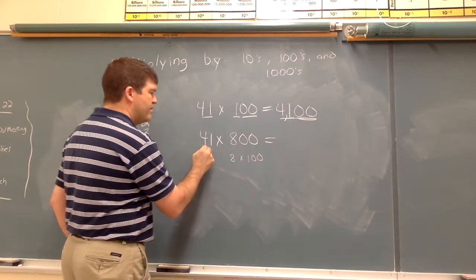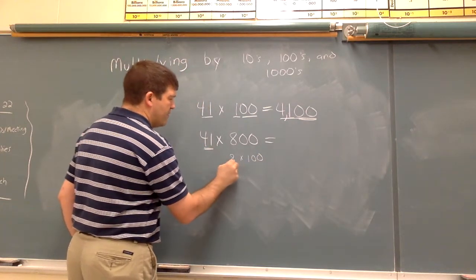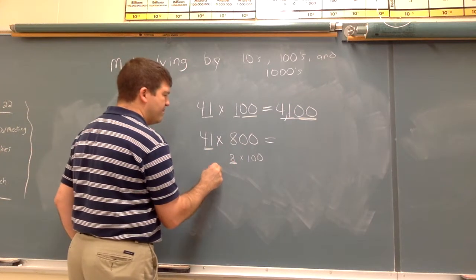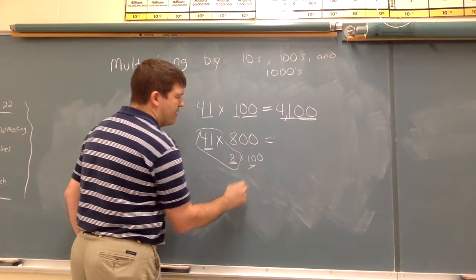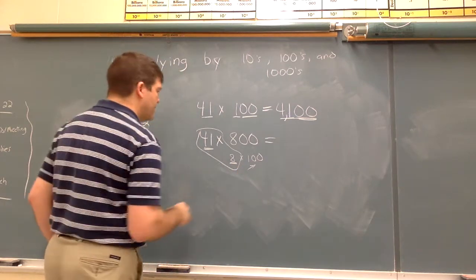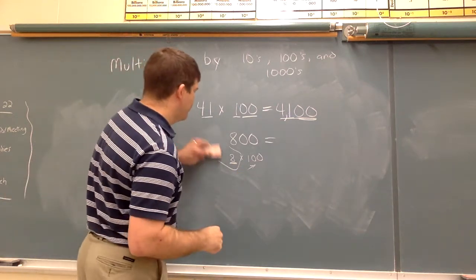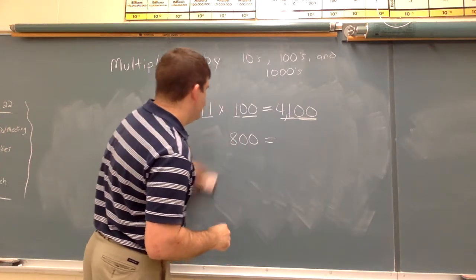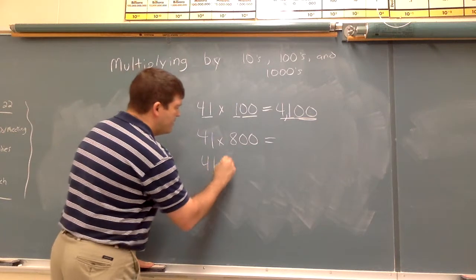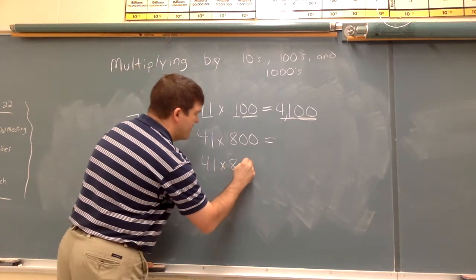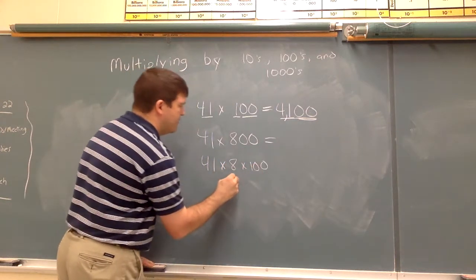So what I could do is I do this 41 times 8 and then get the answer and times it by 100. So let's do that. We'll bring it down. 41 times 800 is the same as 41 times 8 times 100.